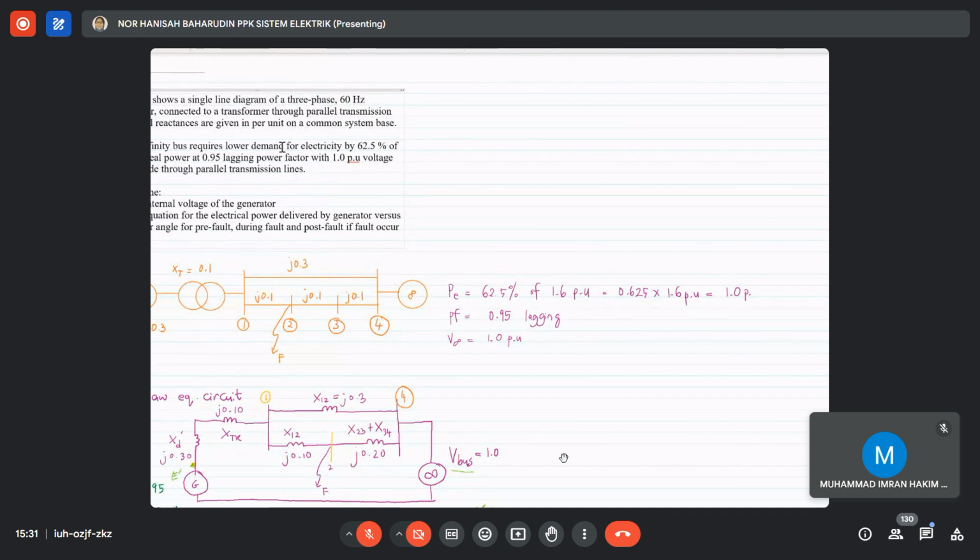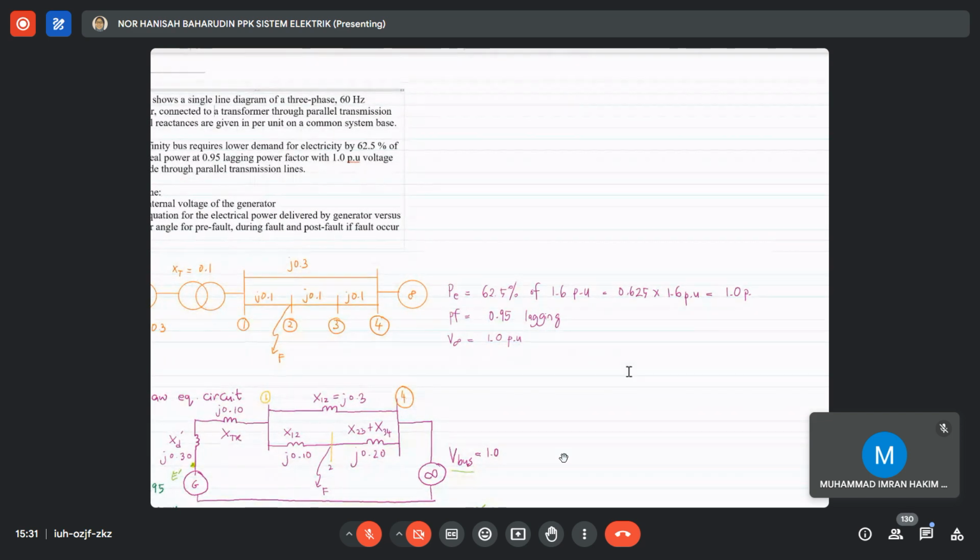If the infinity bus requires lower demand of electricity by 62% of 1.6 per unit real power at 0.95 lagging power factor with 1 per unit voltage magnitude through a parallel transmission line.